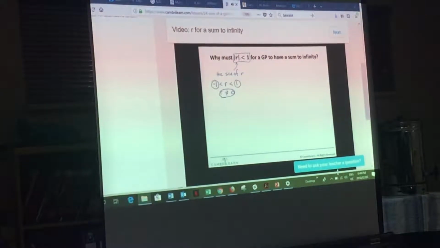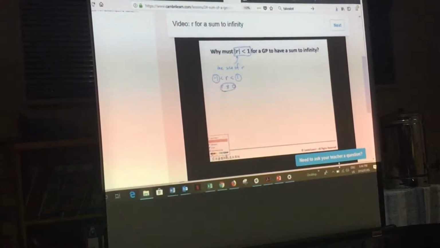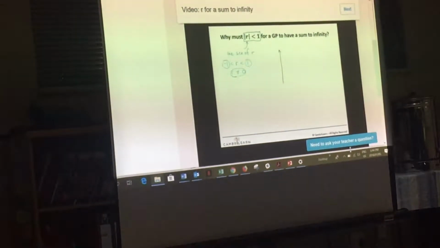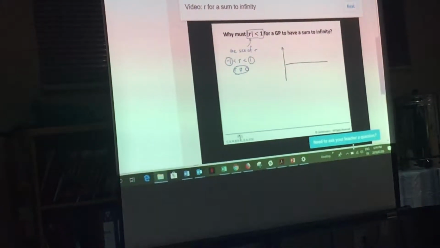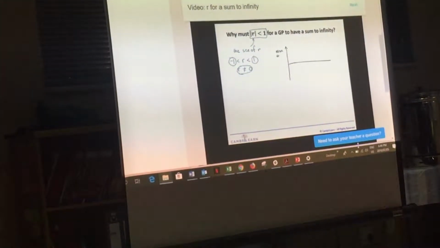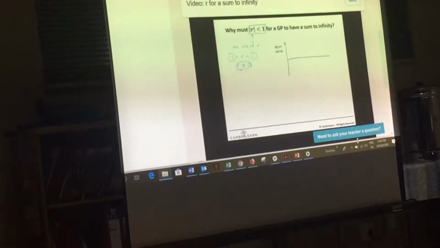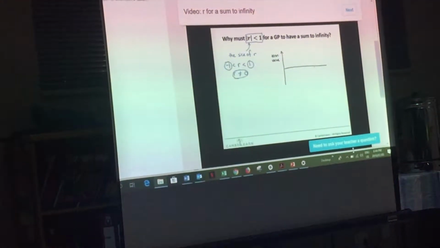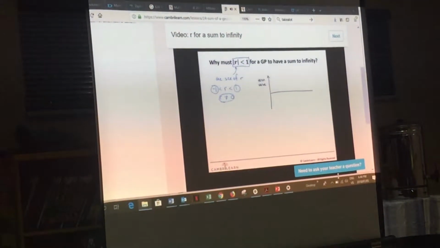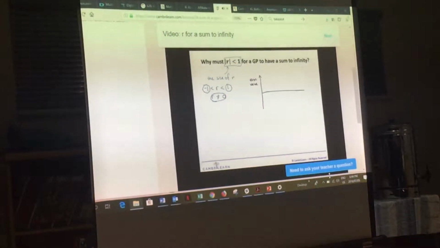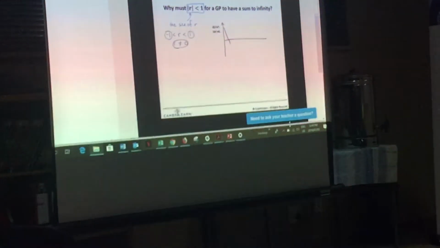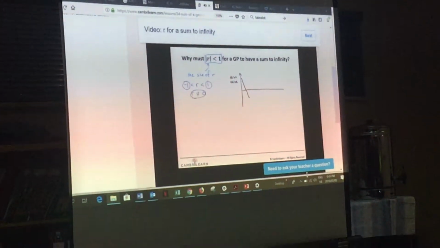So, why is that? It's easier if we actually have a look at it like this. So, let's say that this is our term value. Okay, so here's our 0. We're going to start with R is negative. So, let's say our first term is here. If we then have a negative R, the second term will be somewhere here.